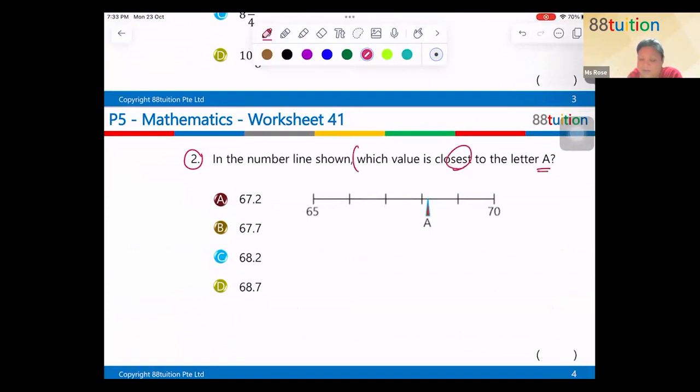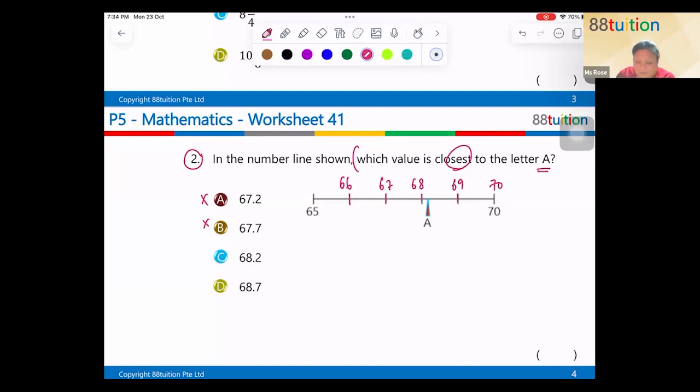If I were to identify, all these lines represent whole numbers, which after 65 would be 66, 67, 68, 69, and 70. From here, we can already eliminate A and B, because A is definitely greater than 68.